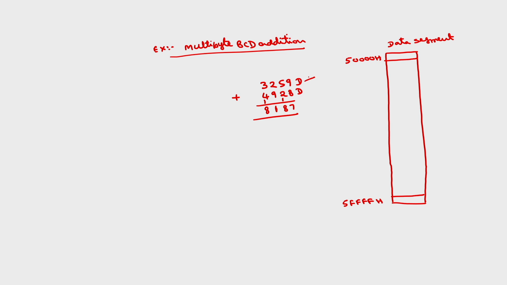So, to store this first number we require 2 locations. Okay. So, I am taking this location with the offset of say 1000. So, what will be the address? 51,000 H. Here I am storing the first number.